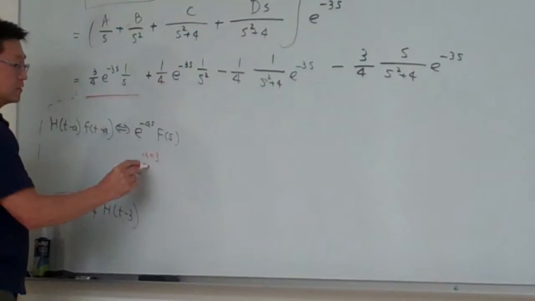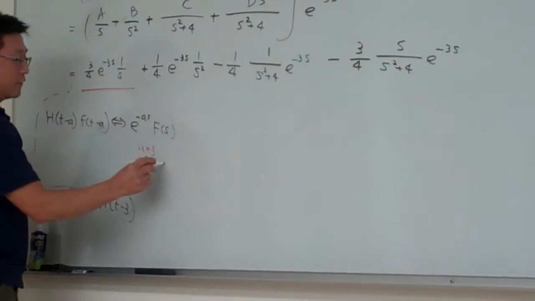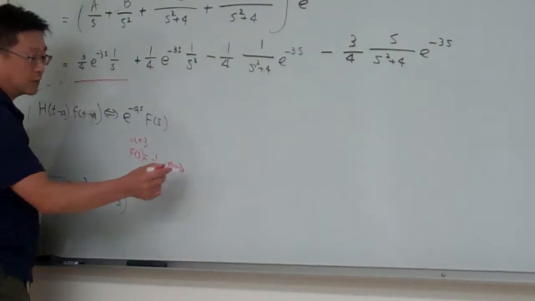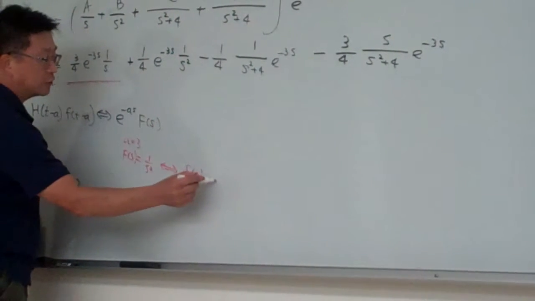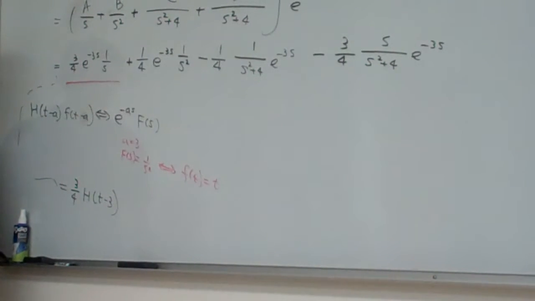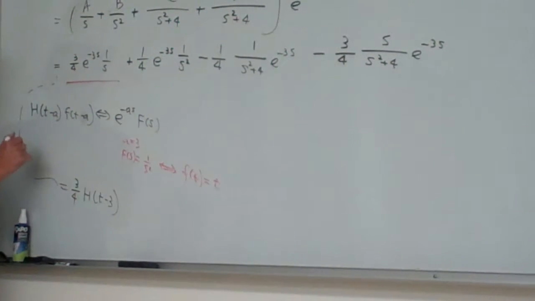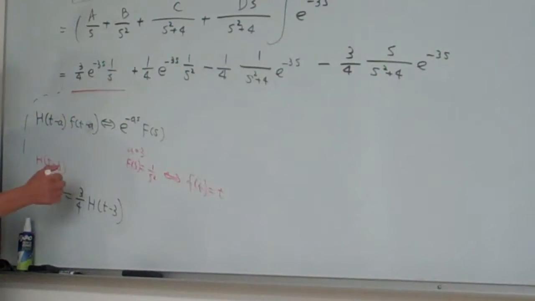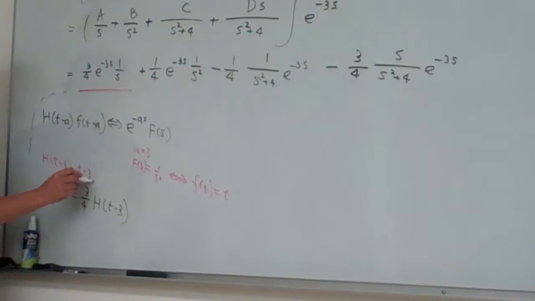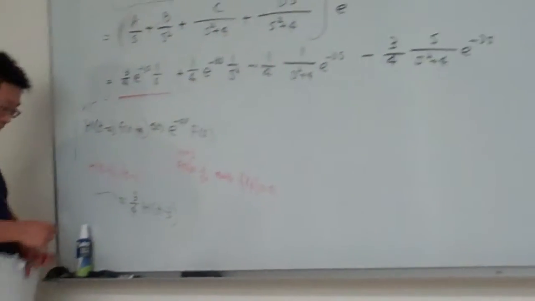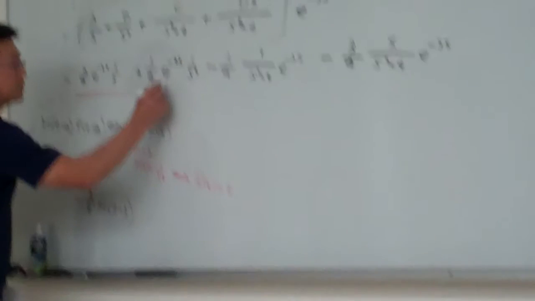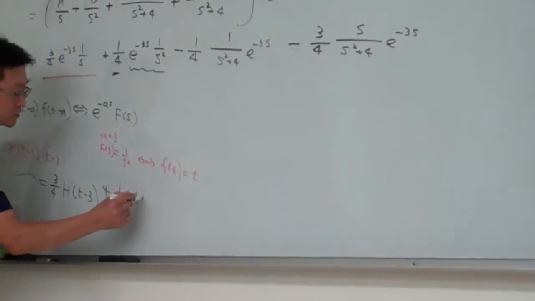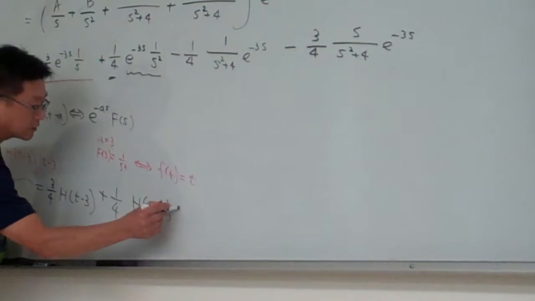F(s) equal to 1 over s squared. So from here, look up the Laplace transform tables. You can see f(t) equal to t. With that information, we can write it up. So the inverse Laplace transform is h(t minus 3) f(t minus 3), that is t minus 3 here. Okay, so therefore these terms will be equal to 1/4 here, and then multiplied with h(t minus 3) and t minus 3 here.